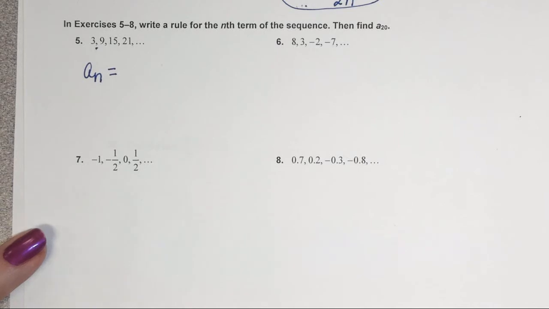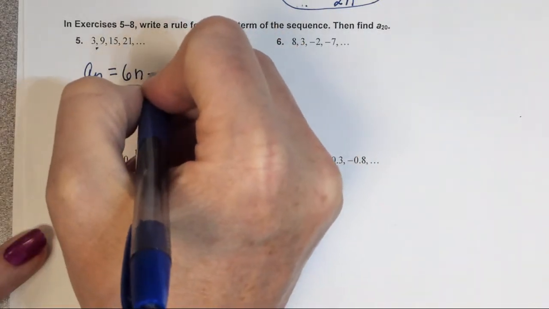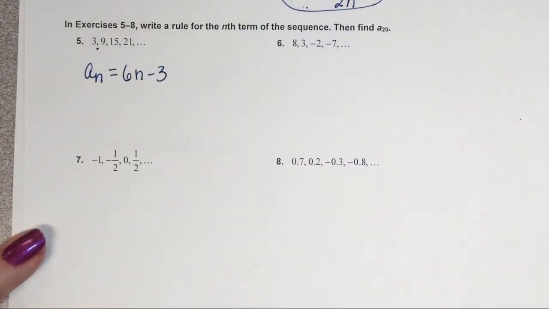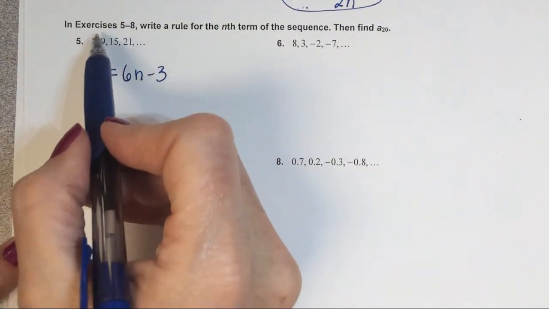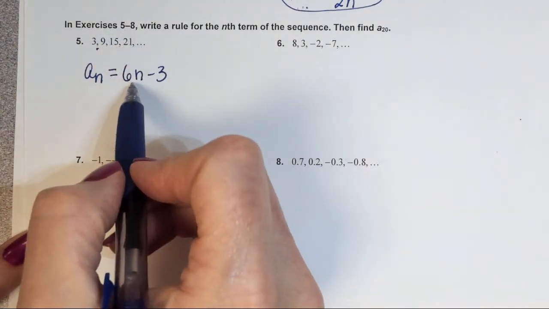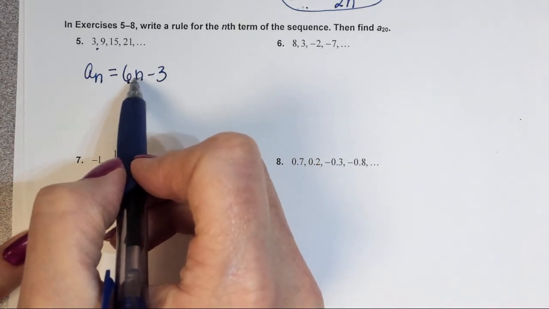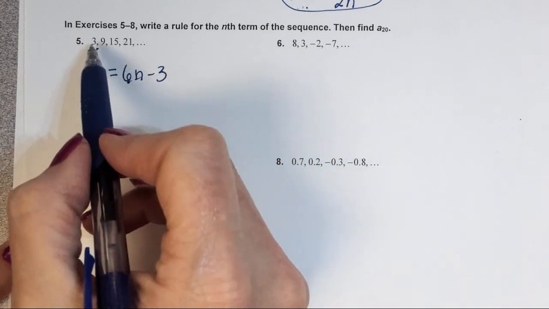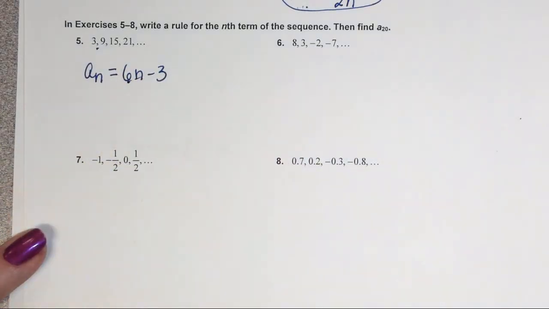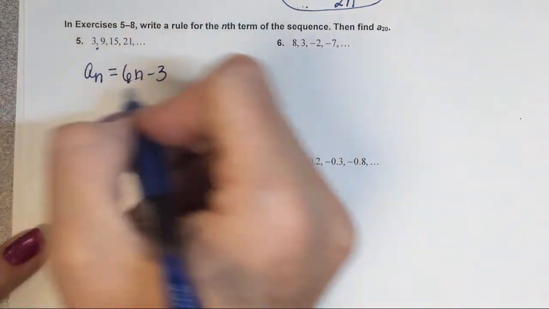Right? We don't have to use a formula. The change is always 6. So the D value, or the change in those numbers, goes in front of the n as the coefficient. Then I have to think, what do I have to do to 6 to get 3? Subtract 3.